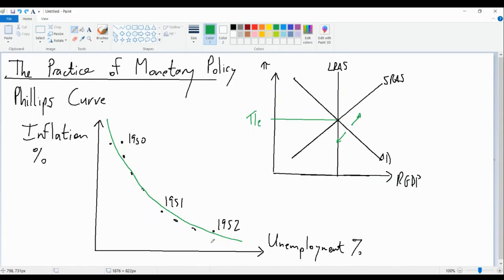So that's how our theory would interpret what Mr. Phillips found. But again, that's only what you get when the aggregate demand curve is randomly moving around. What if instead someone looks at the Phillips curve, let's say it's the Fed, and they say, you know, inflation sucks, but unemployment is worse.